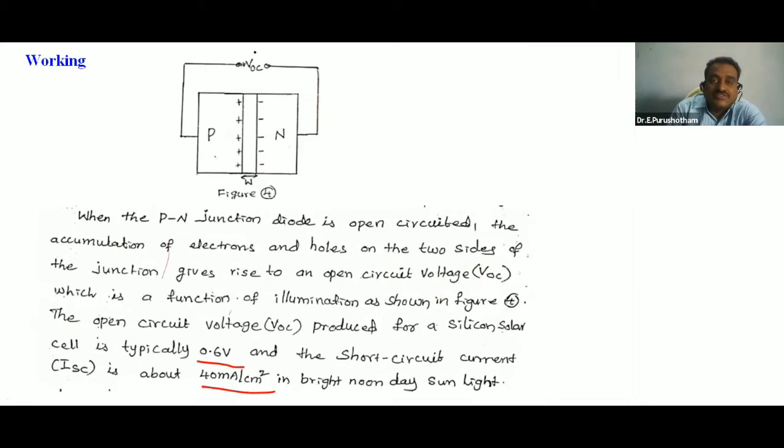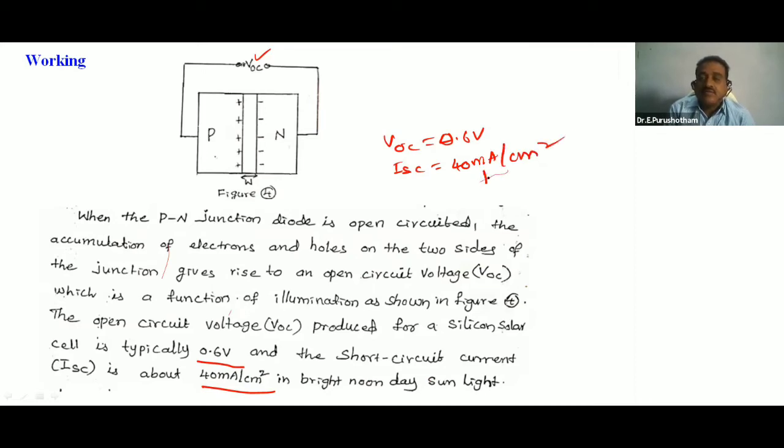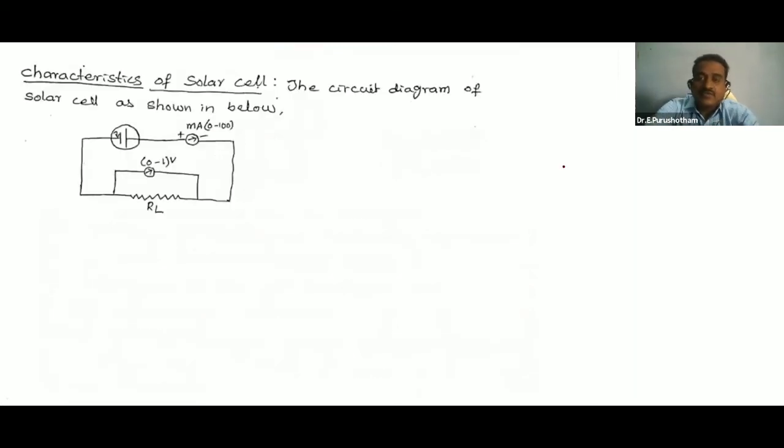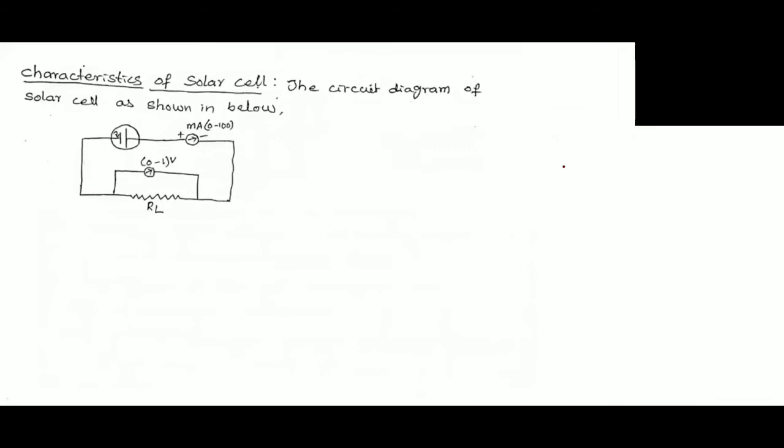The strong barrier voltage VOC is equal to 0.6 volts and the short circuit current is 40 milliamperes per centimeter square for bright noonday sunlight. That is the working.